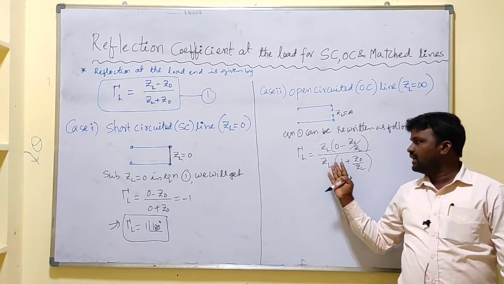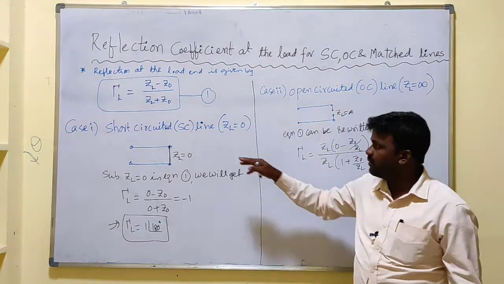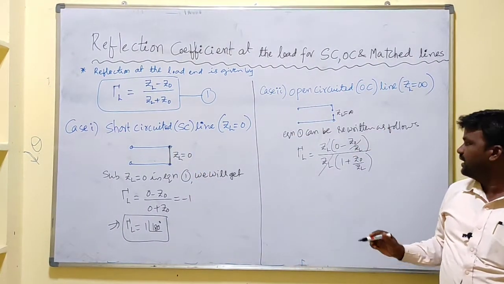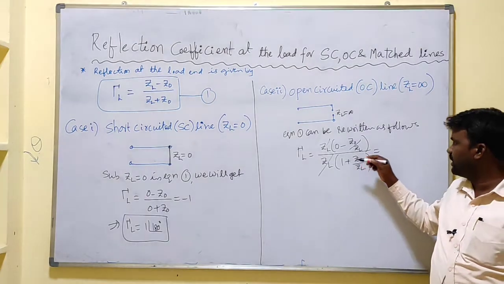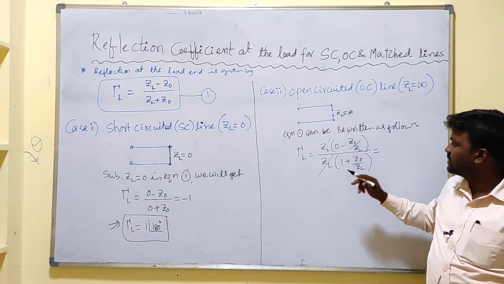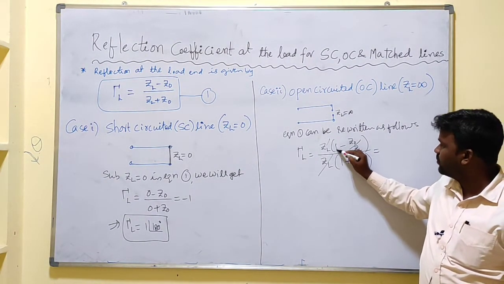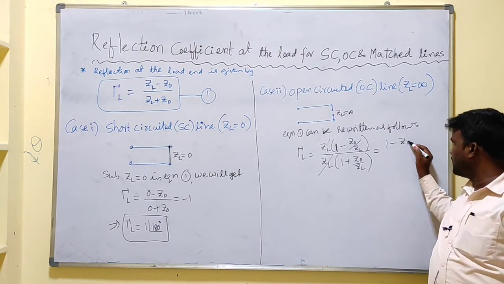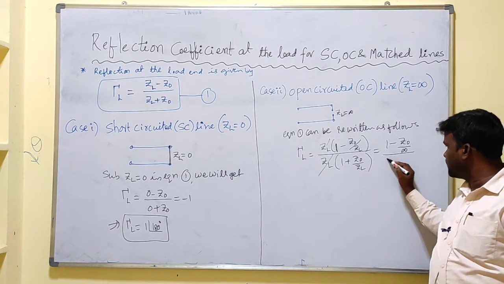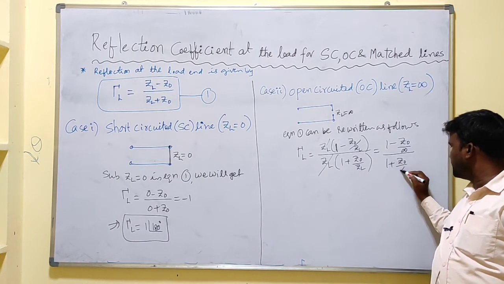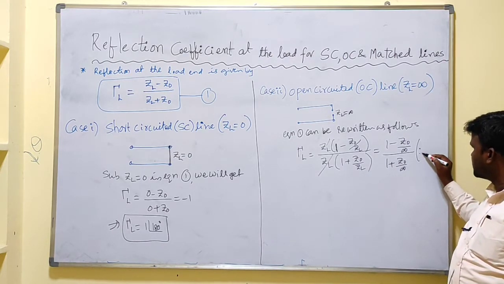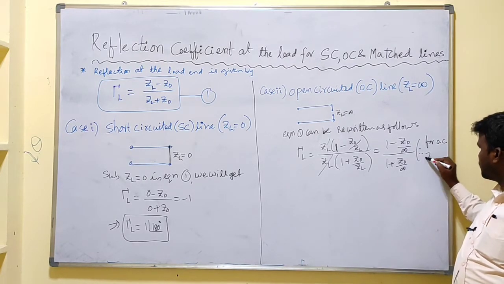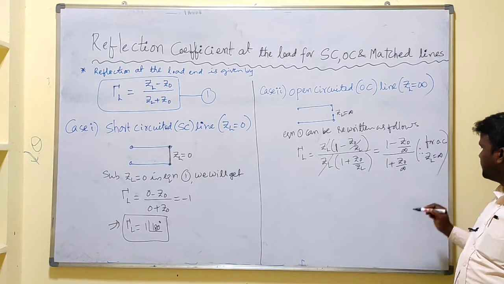The ZL cancels out, and we get 1 minus Z0 by infinity over 1 plus Z0 by infinity, since for an open circuit line ZL equals infinity.